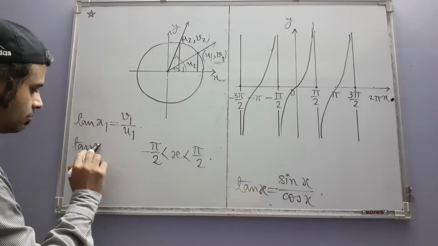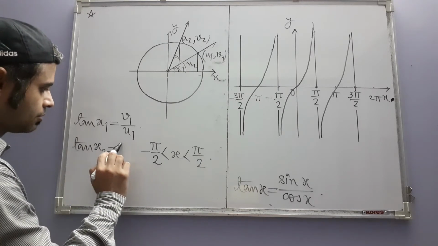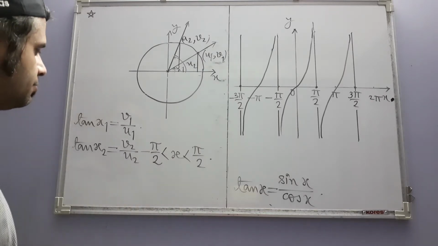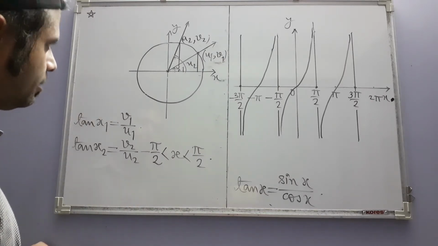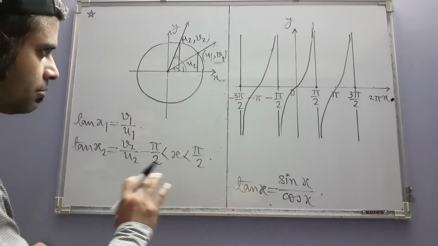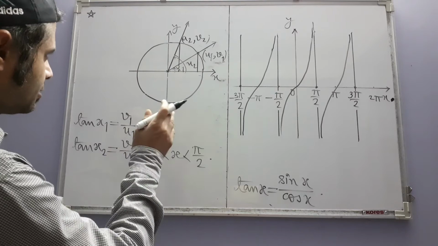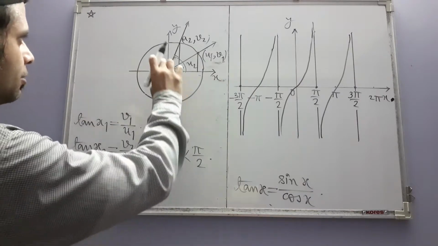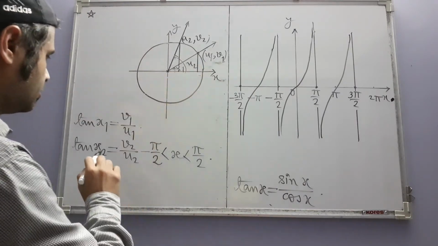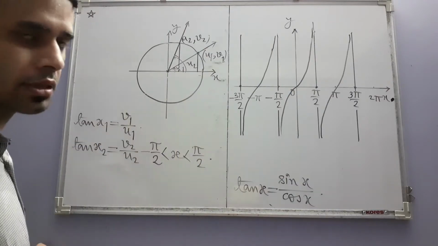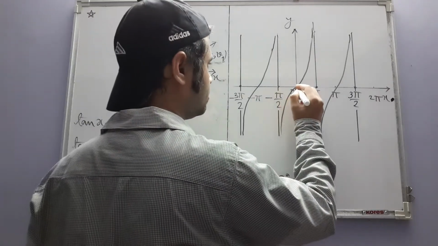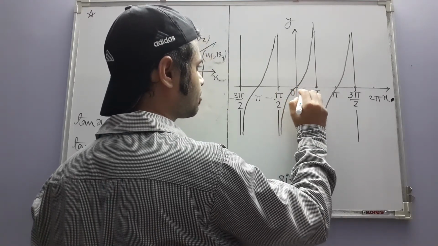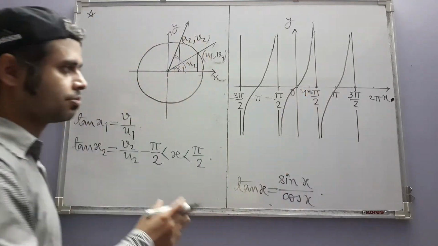Tan x2 is equal to v2 divided by u2. Now, in fact, if you actually find the values, you will see that despite this contrasting trend, the y is increasing and the x is decreasing, the quotient in fact increases, and that is why on the positive side of the x-axis, x1 lies here, x2 lies here, after x1 it appears.